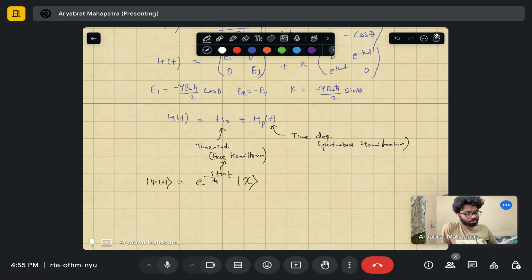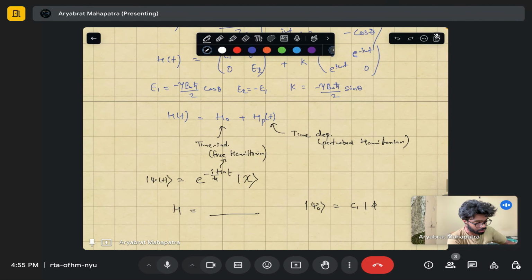Earlier, we used to have some time independent Hamiltonian, something H. Using this H, if we want to evolve a system, let's say the initial state is c1 phi 1 plus c2 phi 2.